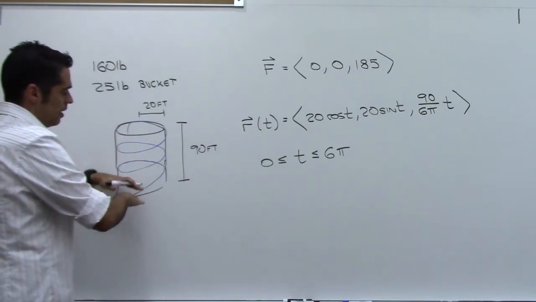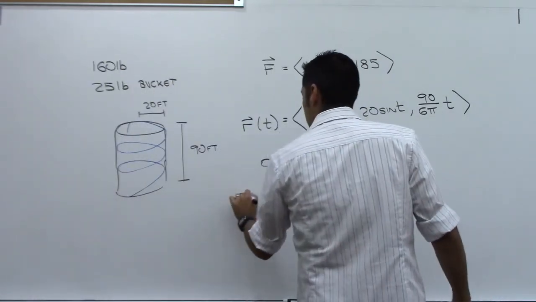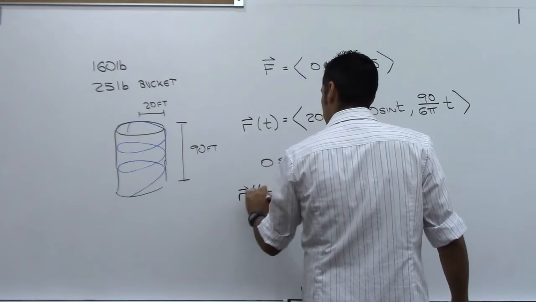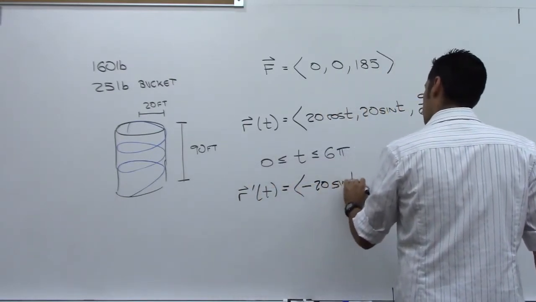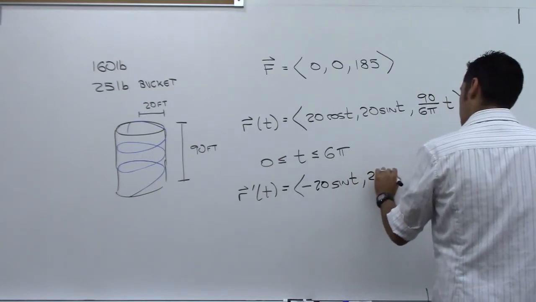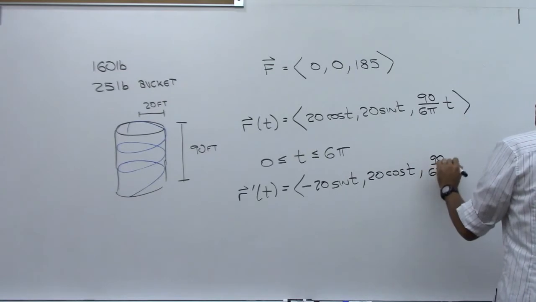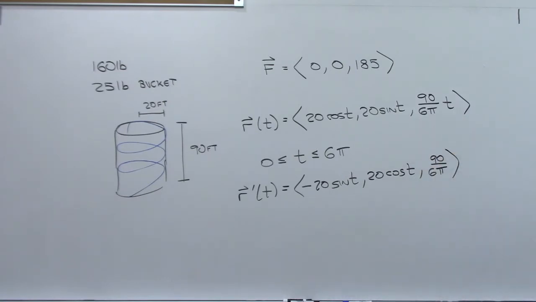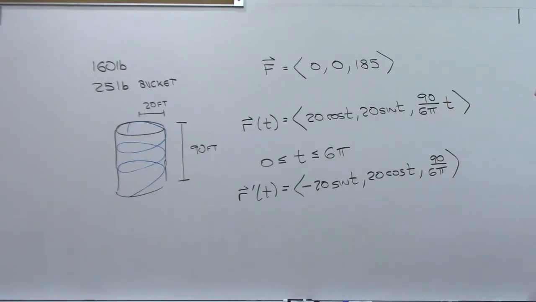The z component is linear. All right, and then we did the derivative here because we need dr, so negative 20 sine t, 20 cosine t, and this is just 90 over 6 pi. And so we're going to take our force and dot it with this, and then go ahead and get the integral of that.